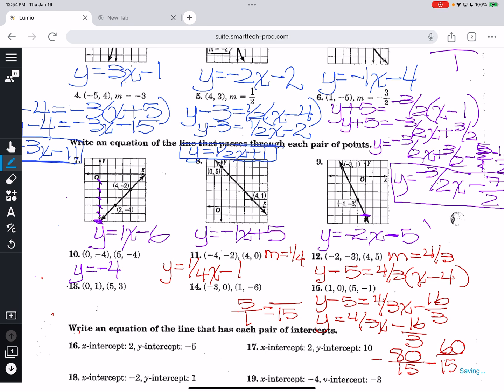When you subtract that, what do you get? Negative 20 over 15, which is what? Negative 4/3. All right. Going to this next part.